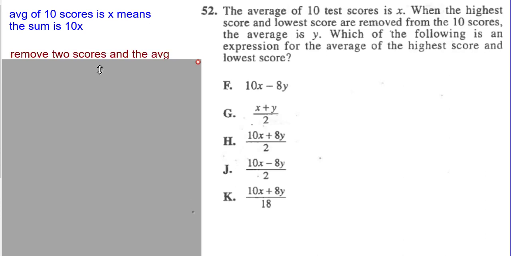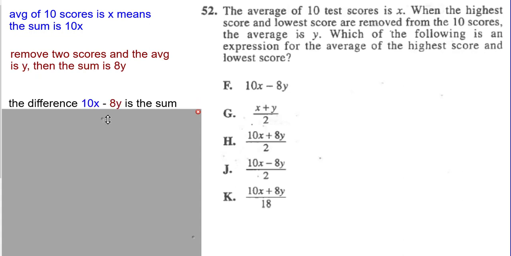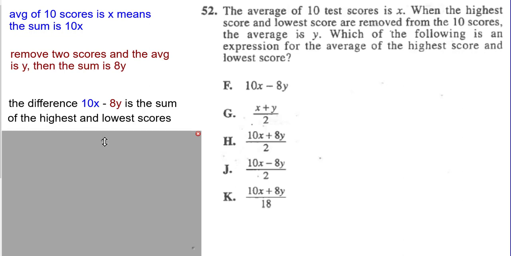Similarly, if we remove 2 scores and the average is Y, then the sum of those 8 numbers that are remaining will be 8 times Y. The difference of those 2 numbers, the larger minus the smaller, of the highest and lowest scores is 10x minus 8y, because we've taken out the largest and smallest scores.